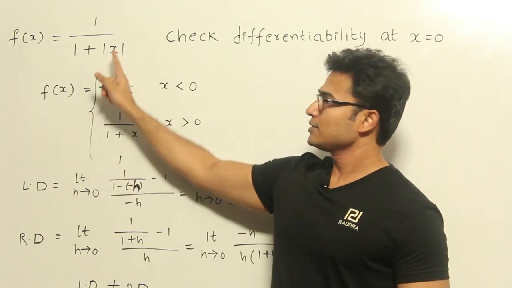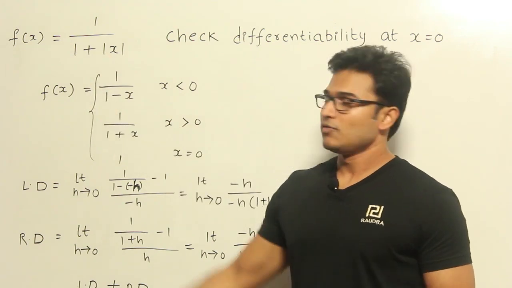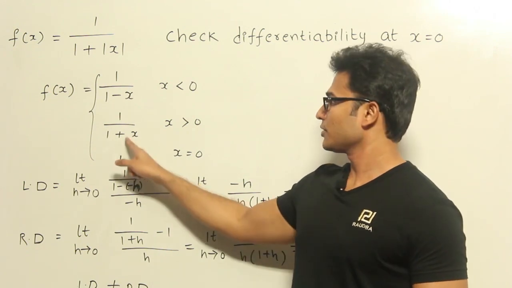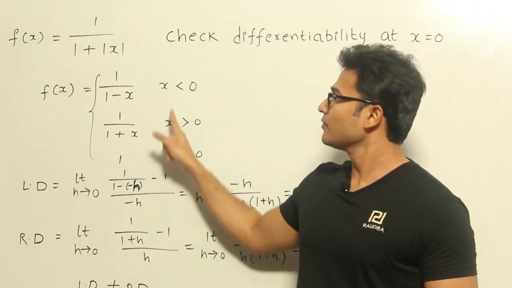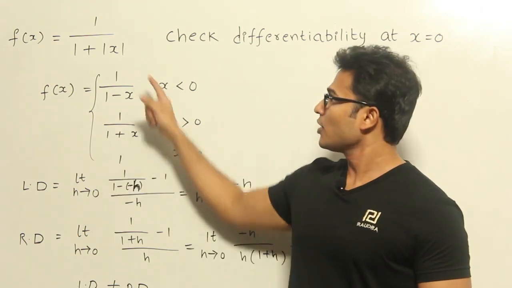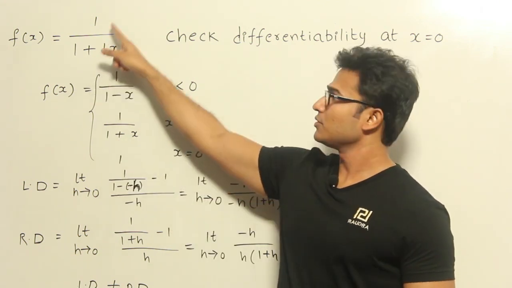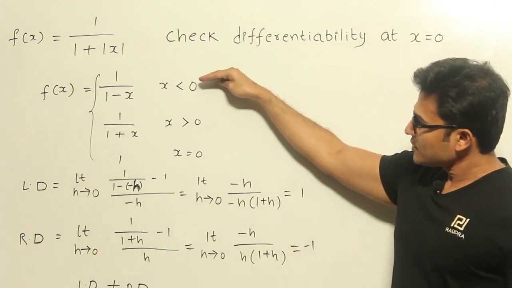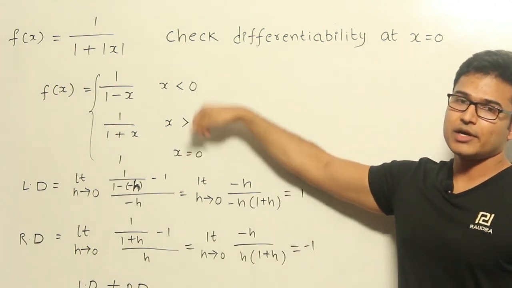Whenever x is a positive number, if you remove this mod, it is going to be plus x only. So this is 1 by 1 plus x when x is positive. When x is negative, it is minus x. When x is positive, it is plus x, right? And what happens when x equal to 0? If you substitute x equal to 0, it is going to be 1 only. Now we know how the function is behaving at 0 and around 0.